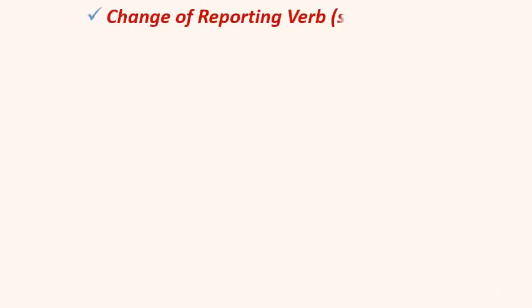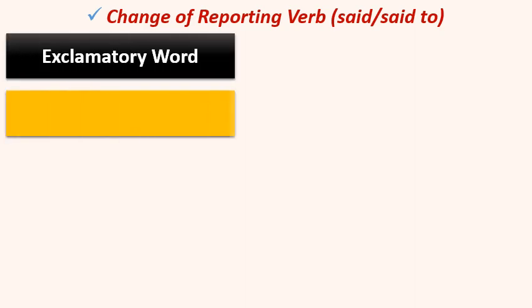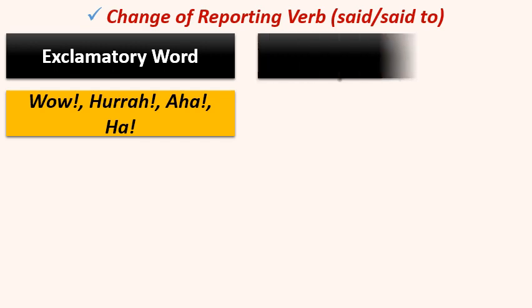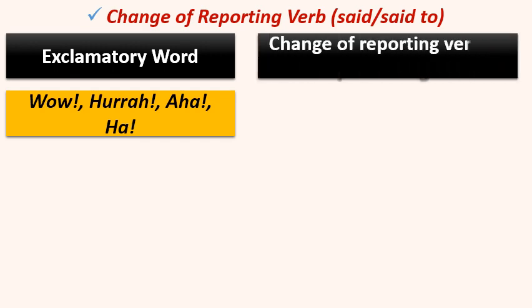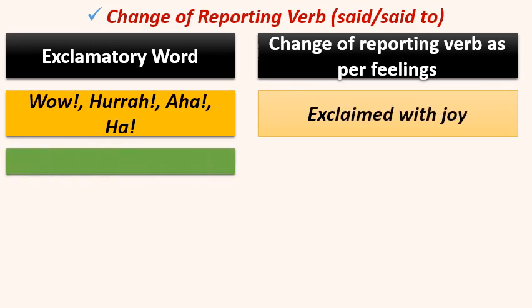Students, when the exclamatory sentence is created by using an exclamatory word, only then we need to check the word or change it as per the feelings of the words we replaced, said or said to, in the indirect speech. Fine. So, if the words in reported speech are wow, hooray, then said or said to gets converted into exclaimed with joy.